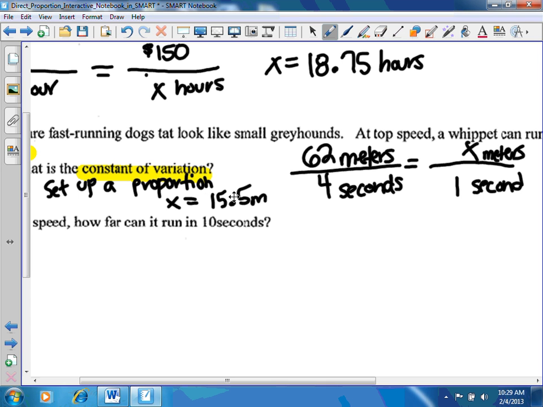So if this is my unit rate, what's the constant? 15.5, that's my constant. How would I write that as an equation? What would the equation look like? Y equals 15.5 X.